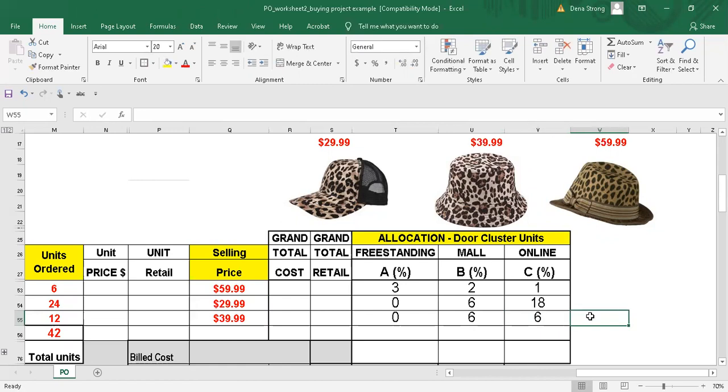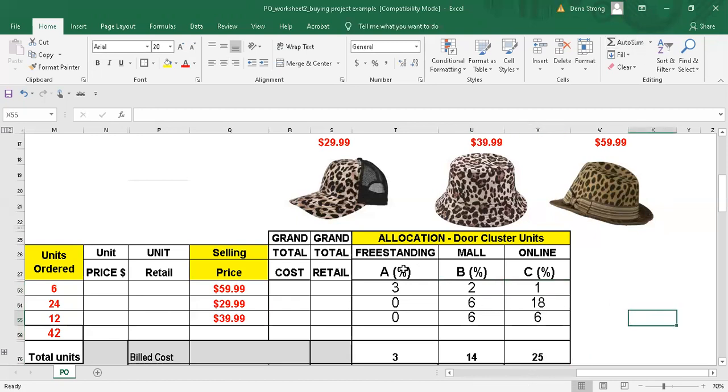All right, so next step, you want to total your units. The freestanding store only has 3 units so far. Let's do an auto sum. The mall is going to get a total of 14 units, and then the online store, auto sum, is going to get a total of 25 units.